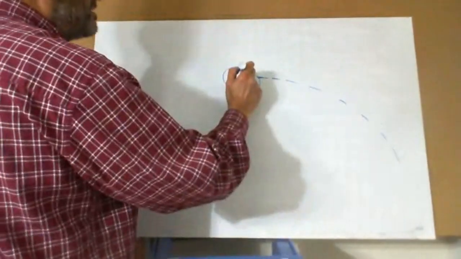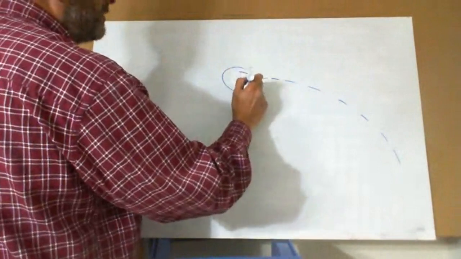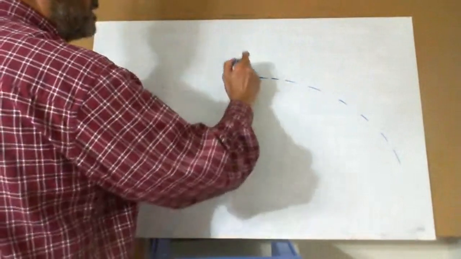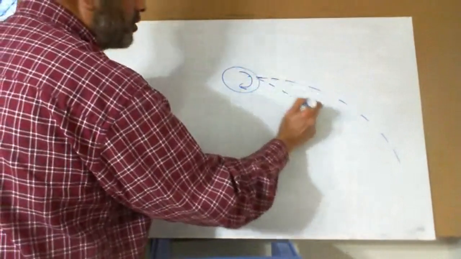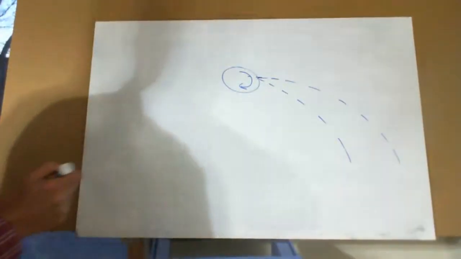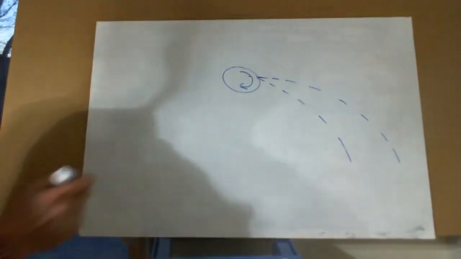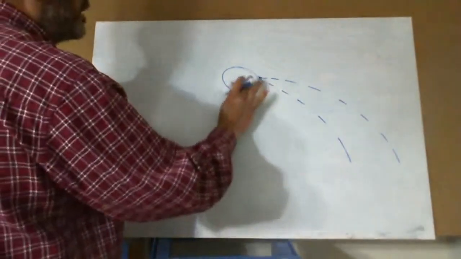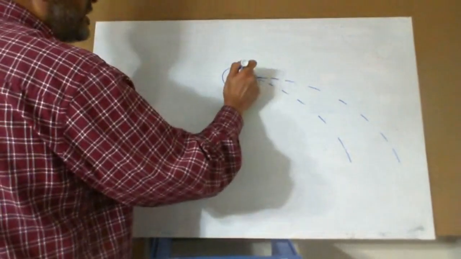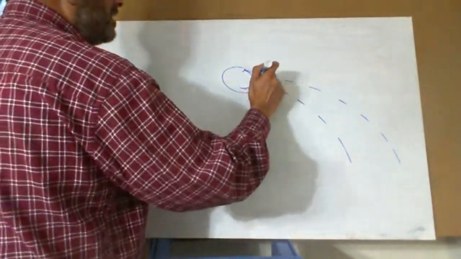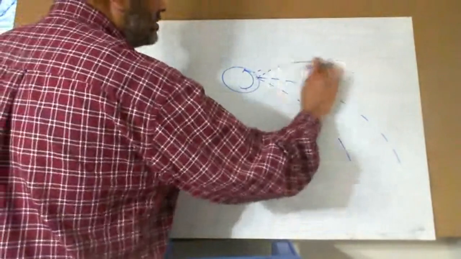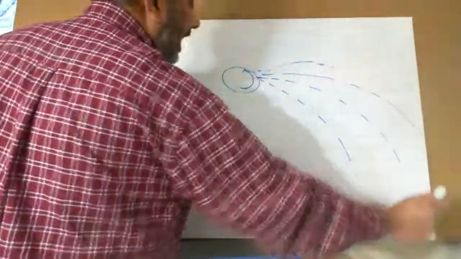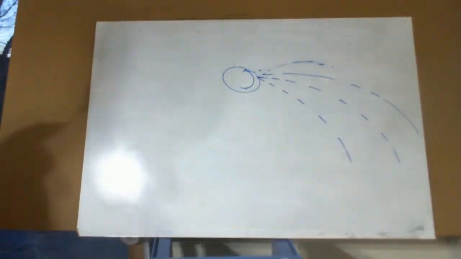But if you spin it this way, it will drop quicker, and there's a reason for that. If you spin it the opposite way, then it will drop slower. It won't drop as quick. Okay, and this is based on Bernoulli's principle.